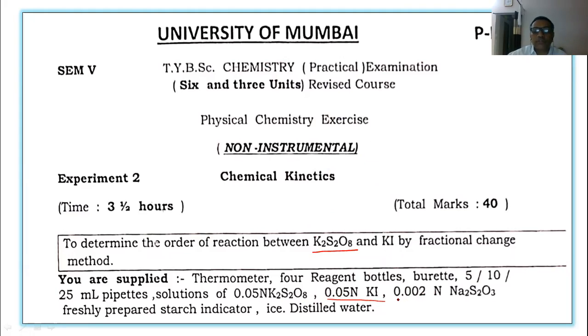The third solution we require is 0.02 normal sodium thiosulfate solution, and the starch indicator is also required, and we require ice also for the purpose of the titration.